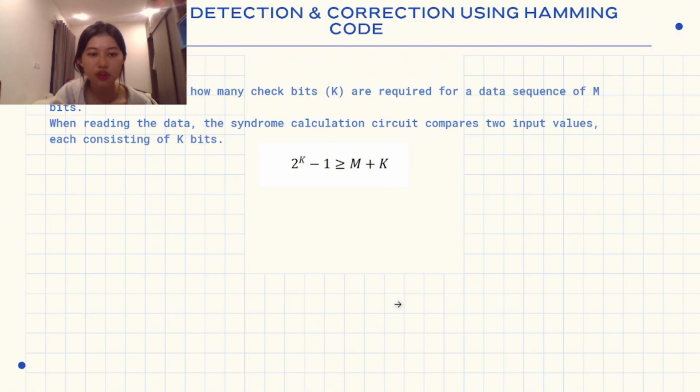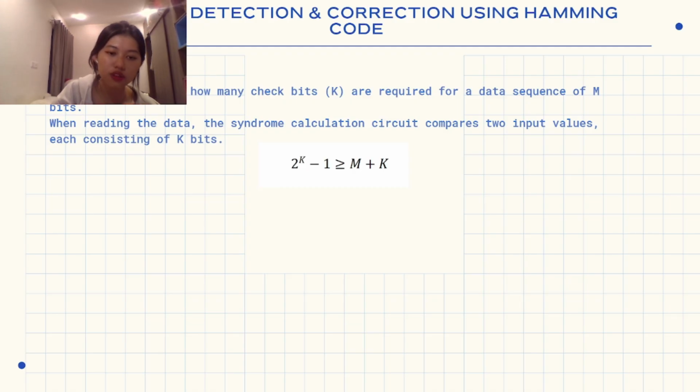So we know that we must use multiple check bits, but how many check bits are required for a data sequence of m bits, with m being the original data bits? It is based on the formula that 2 to the power of k minus 1 must be greater than or equal to m plus k. For example, I have 8 data bits and k will be 4, because 2 to the power of 4 is 16, and minus 1 is 15.